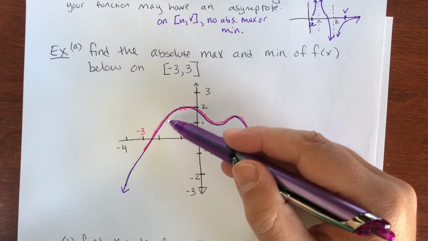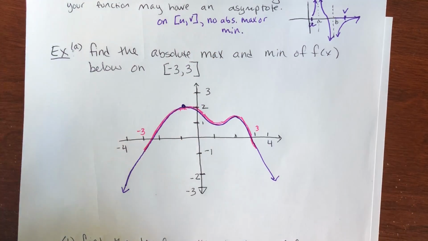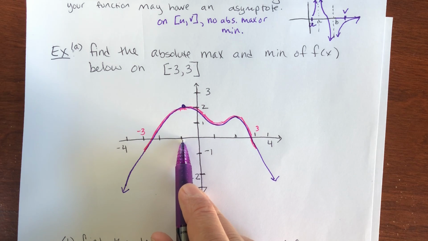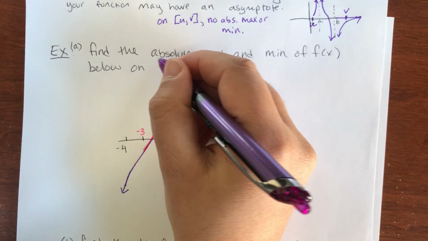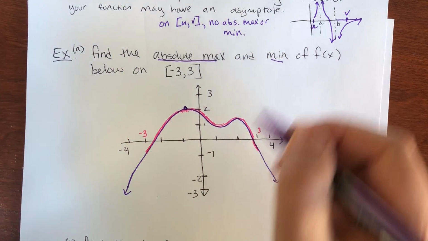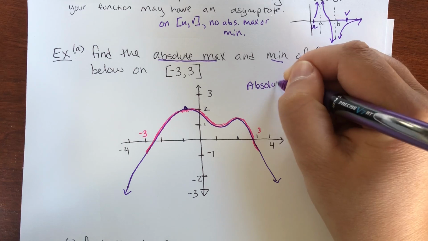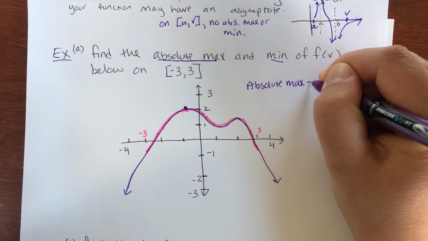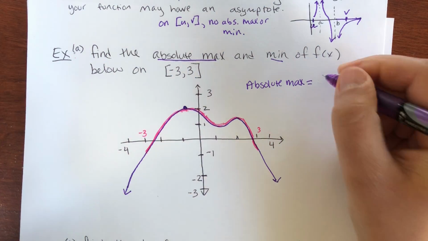The highest point it reaches, it looks to me to be just about here. Okay? Now the x value there would be -1, but remember, absolute maxes and mins are y values, they're outputs. So the absolute maximum is this output right here of 2.